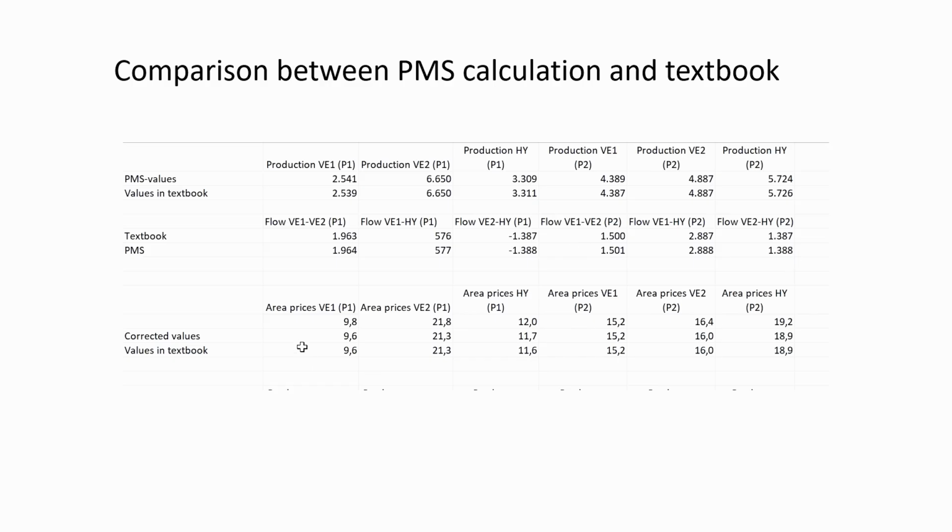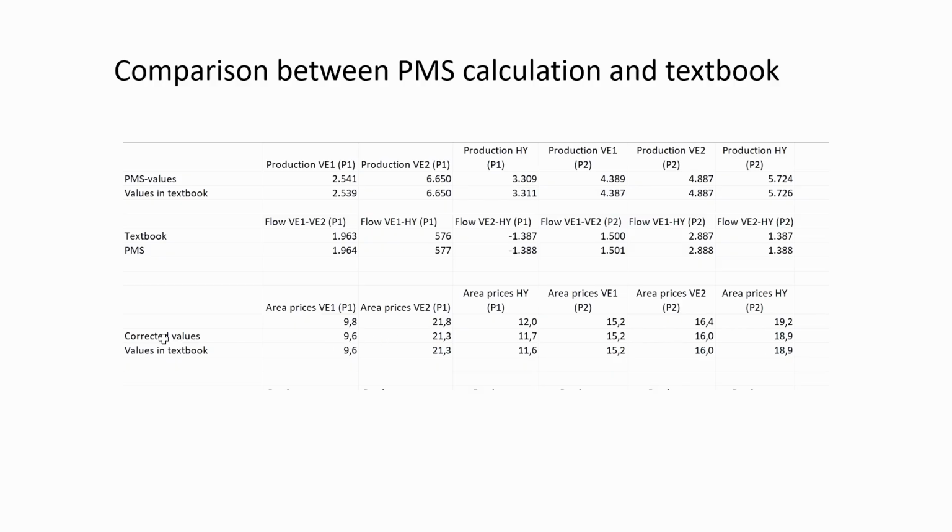If you look here on the area prices from the Power Market Simulator, you can see that these values here are different from the values in the textbook. But this is due to the fact that we have approximated the straight line marginal cost from the textbook with a staircase curve in the Power Market Simulator.